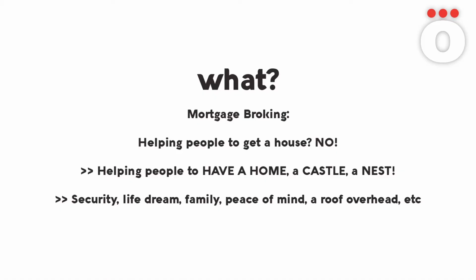With a home, you think family, you think nest, you think a castle, protected from the outside. You think security, life dream, finally realized. Family, peace of mind, a roof over your head. This is how I create stuff, you see. I brainstorm and come up with words, keywords that resonate with the direction I want to take.